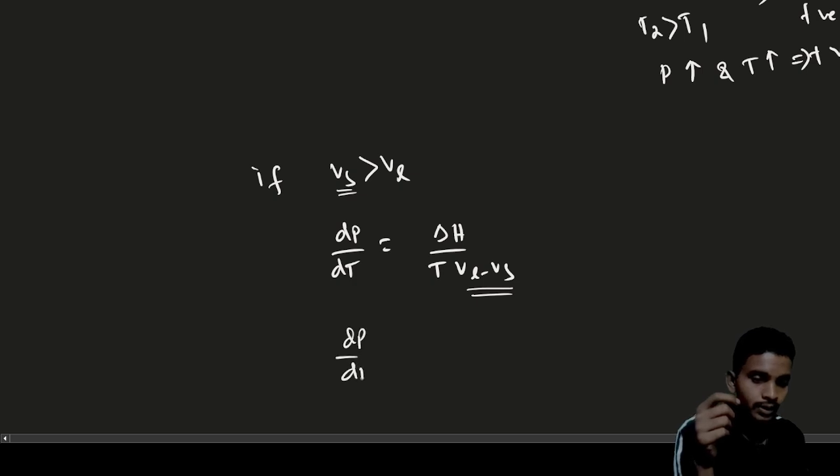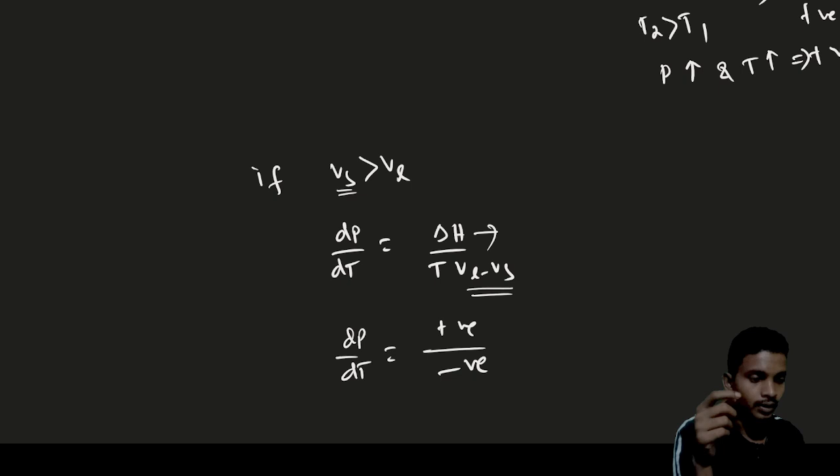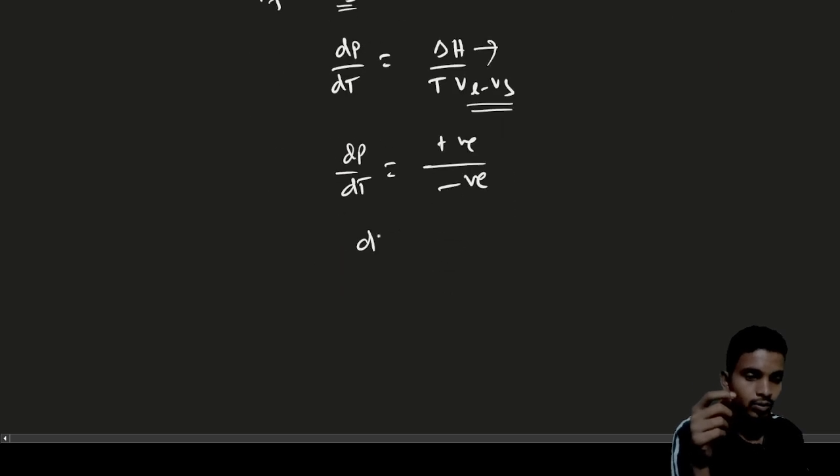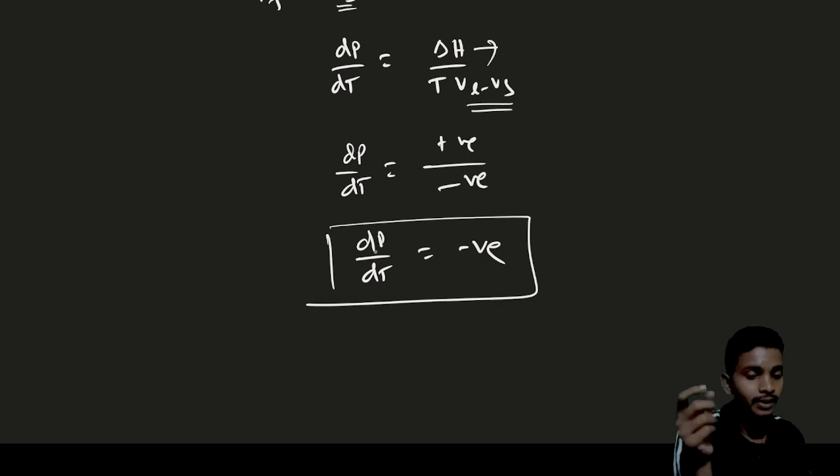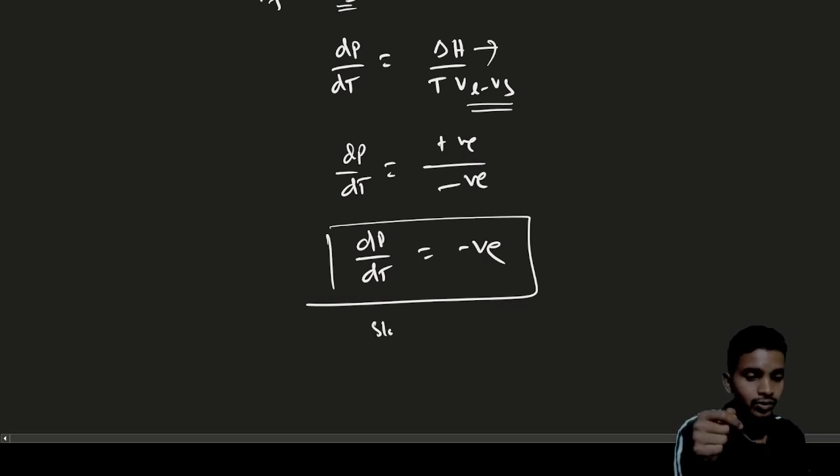So dP by dT: ΔH over T is positive, but this ΔV value is negative, then this whole value is going to be negative. It means dP by dT is the slope, so the slope is negative.